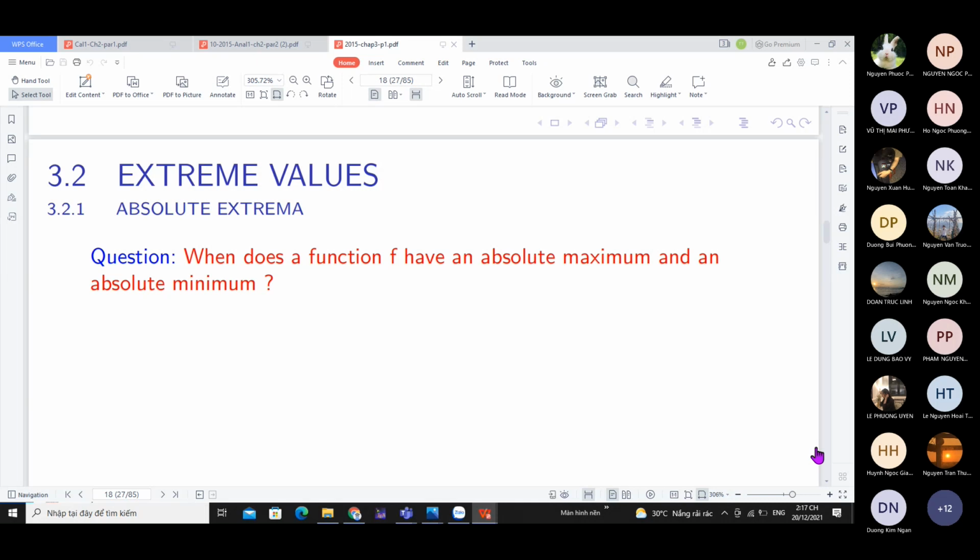And you remember in the previous chapter, you learned it already. If the function f is continuous on a closed interval AB, then the function f attains a maximum value and a minimum value on this interval.